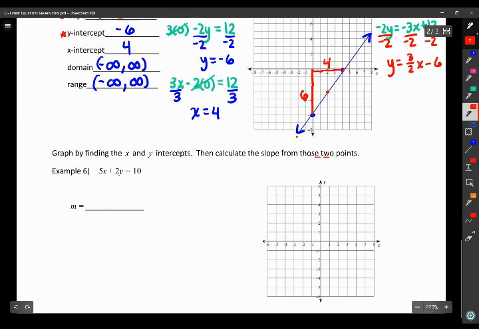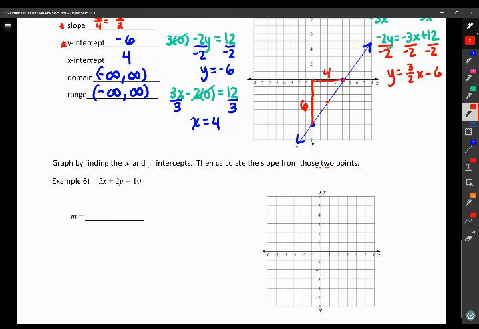Another idea when we're looking for my equation to find my slope, we can graph our intercepts and count it, which is what I just did. They said you could solve. So again, I would say for example 6, same idea.